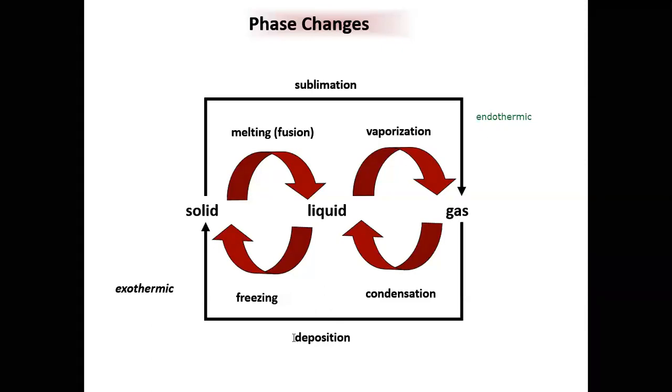And again, if we remember from chapter 6, delta H is positive when we have endothermic processes. So if we're absorbing heat, our final answer should be positive at the end.